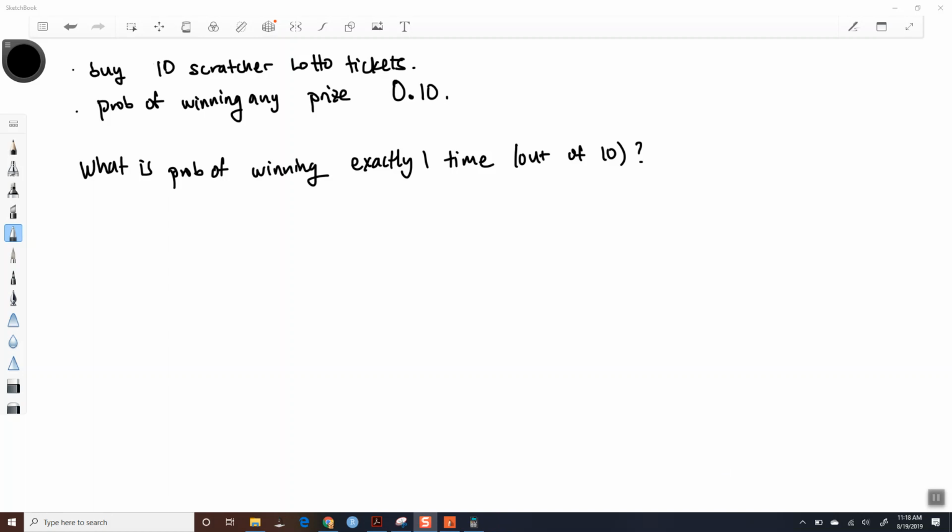Okay, let's check this out. What's the probability of winning exactly one time out of 10? Okay, so what is one possible arrangement? Okay, it will basically be 1 win followed by 9 losses.